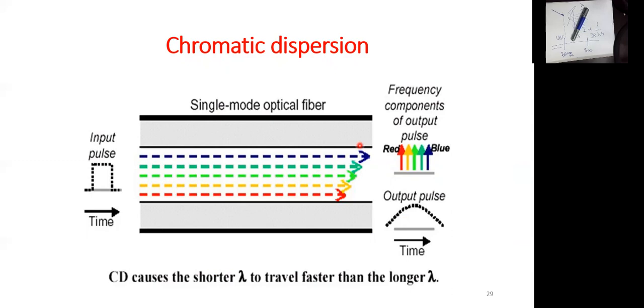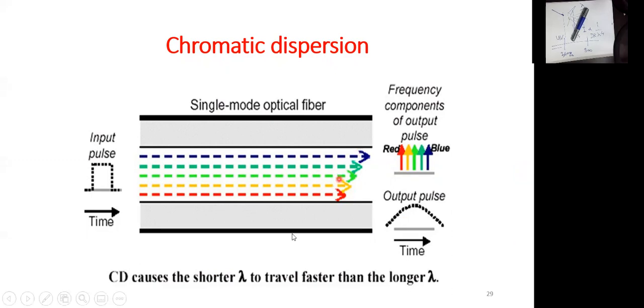That's why we have this chromatic dispersion. Now the question is, why do we have different velocities for different frequencies? What is the reason for that? Why don't we have all light propagating with the same velocity?